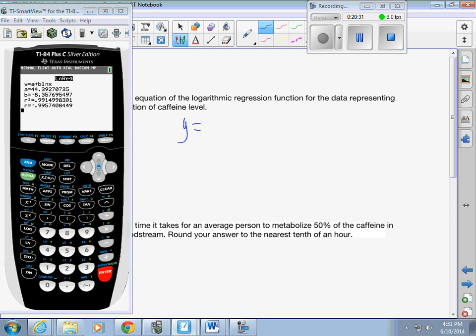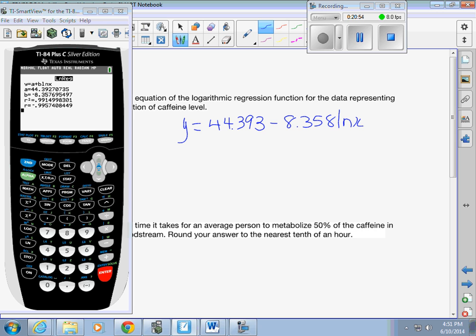So we have y is equal to 44.393 plus, I guess we don't put a plus, we'll put a minus, 8.358 natural log of x. So that's the equation.